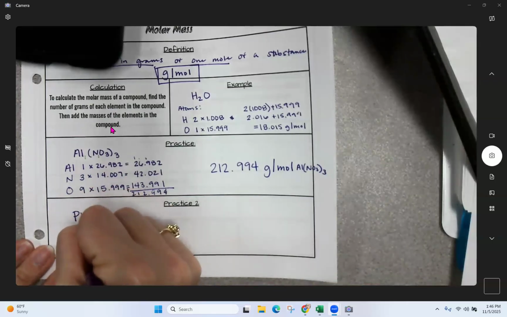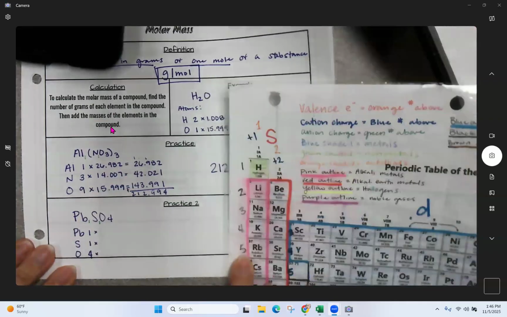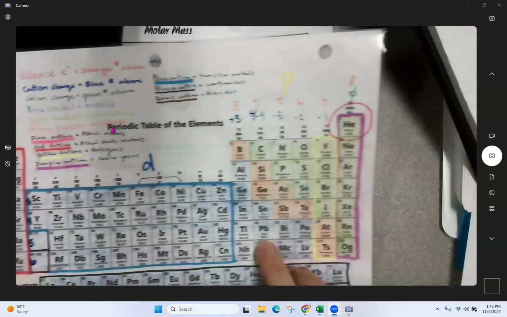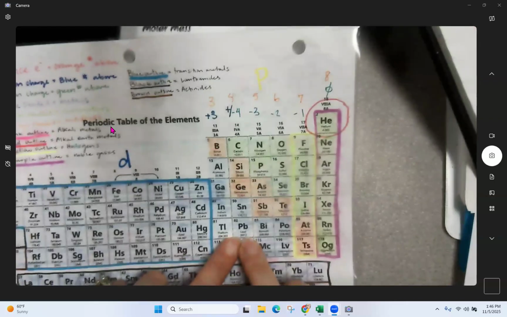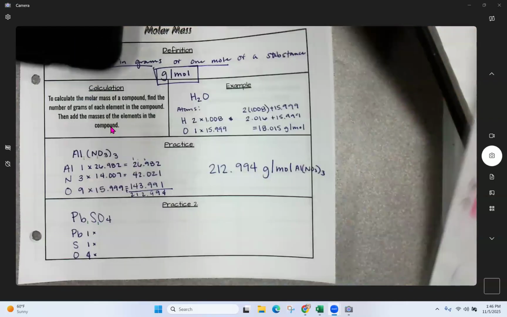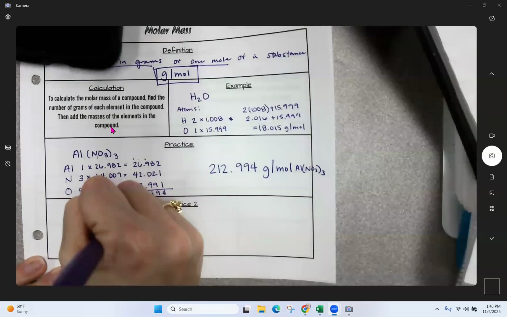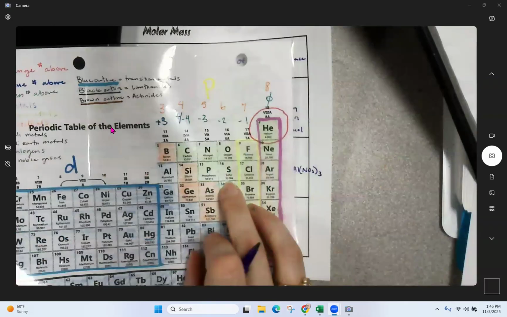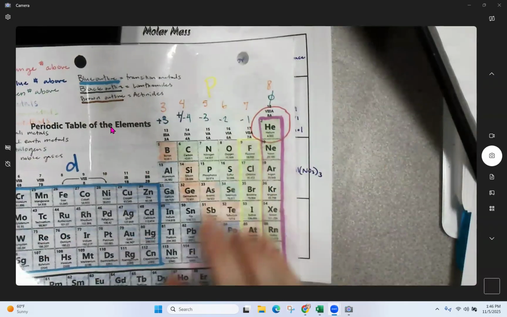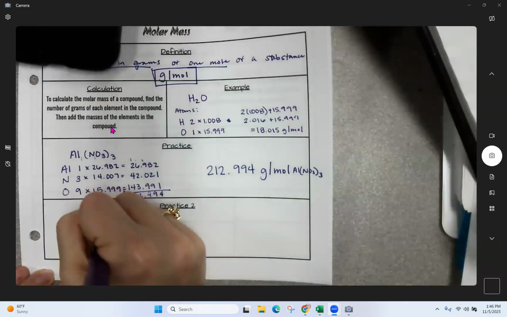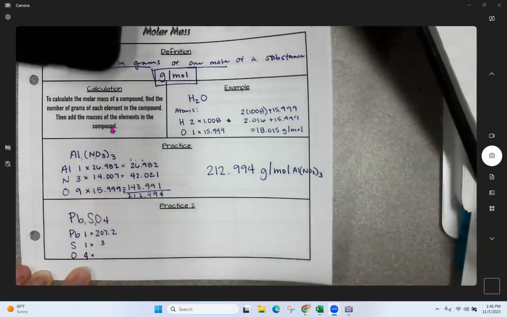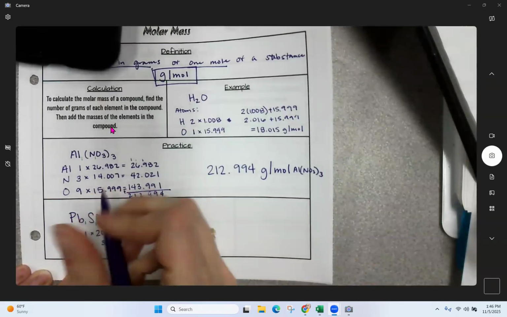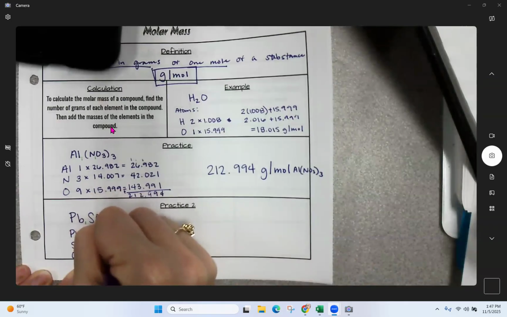We're going to then find our atomic masses for those. Lead is over here, and it is 207.2. Sulfur is right here. It is 32.066. And oxygen is 15.999.